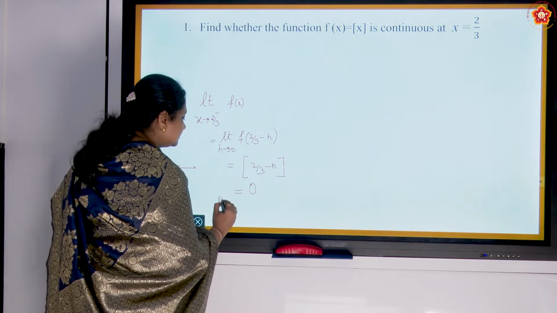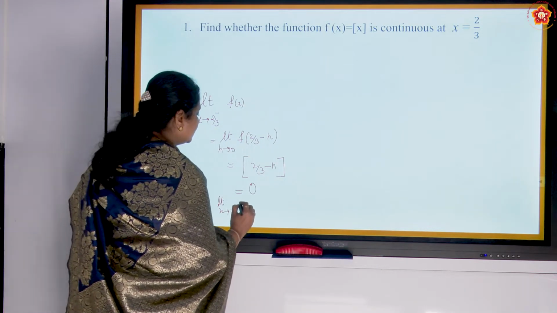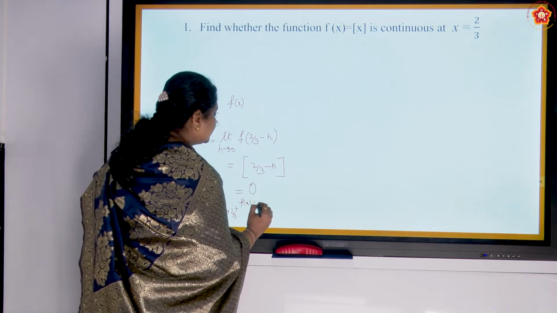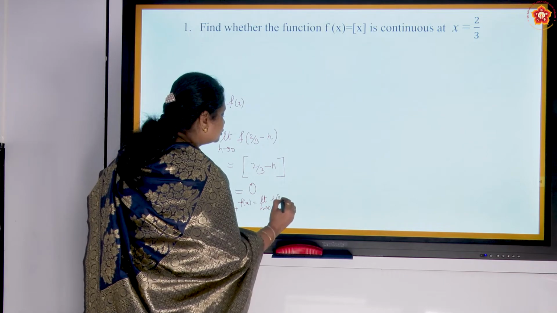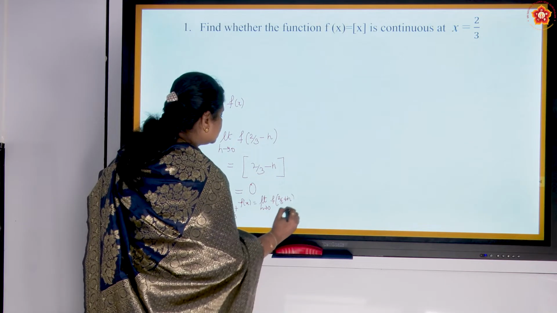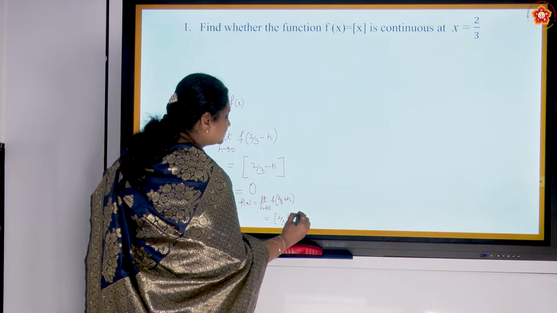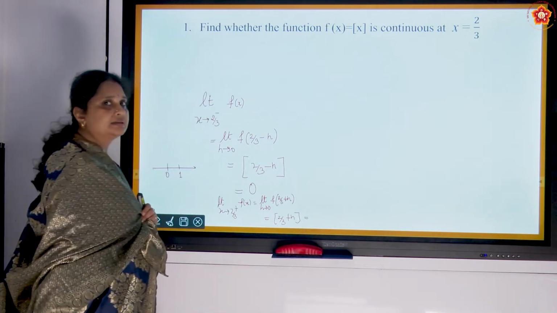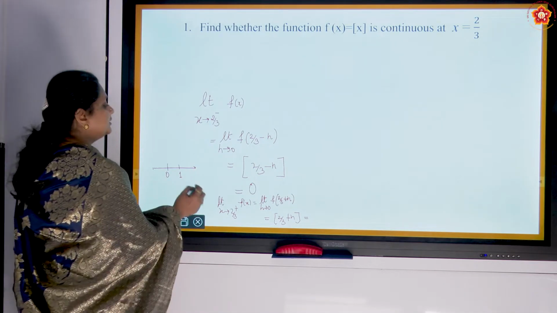Similarly, limit x tending to 2 by 3 plus f of x is going to be limit h tending to 0 f of 2 by 3 plus h, that is the greatest integer function of 2 by 3 plus h, where h is very negligible.